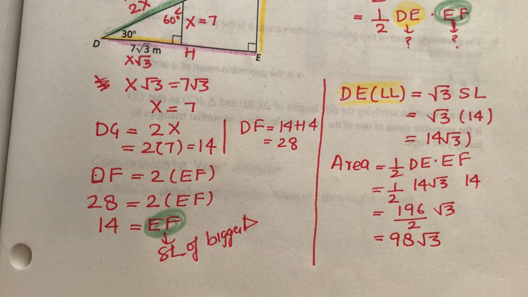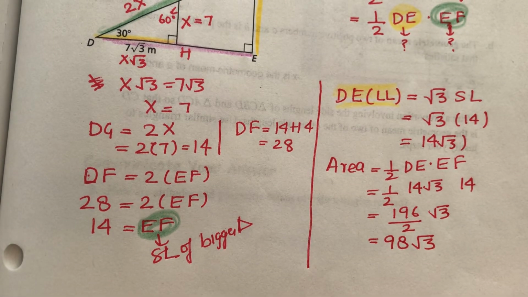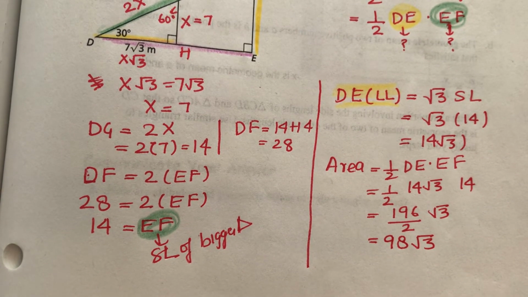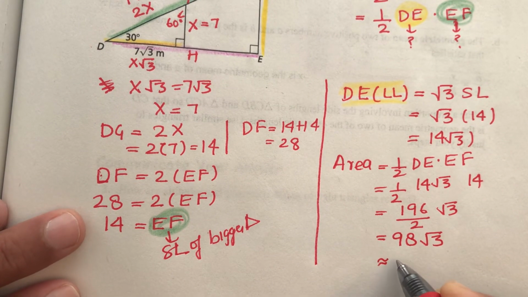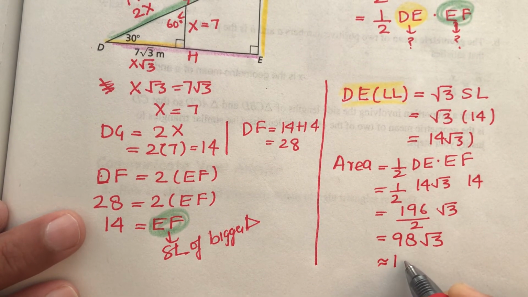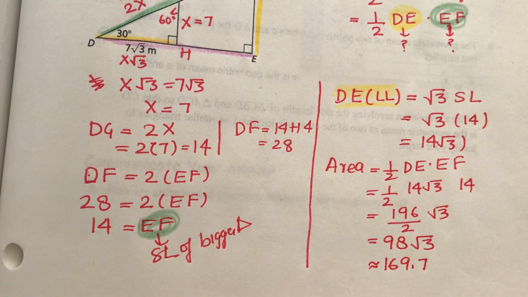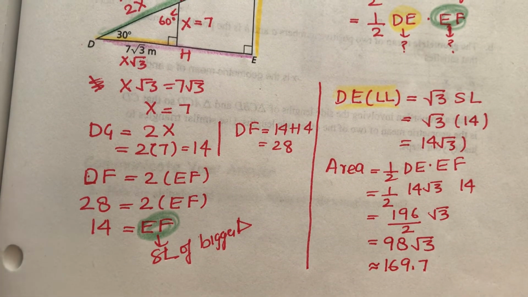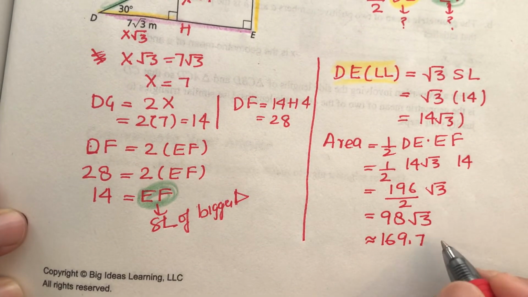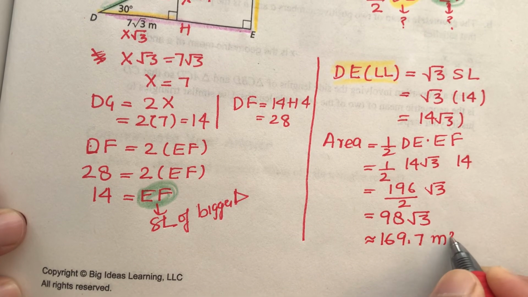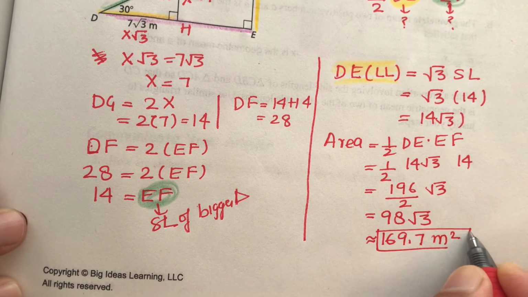But I have to give the answer in the nearest tenth. So you plug in the value and round it to the nearest tenth, you get 169.7. Is my answer complete? No, because we're talking about area and the unit is meter, so it's supposed to be 169.7 meter square. That's my final answer.